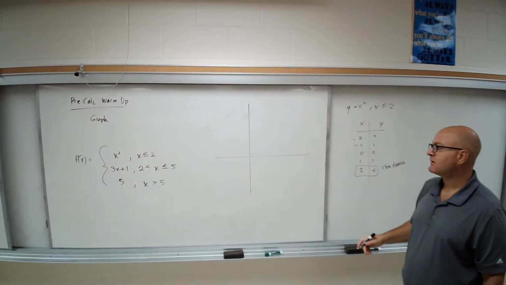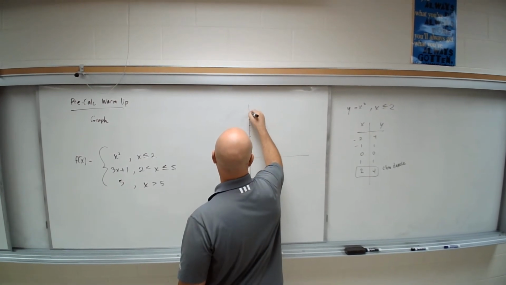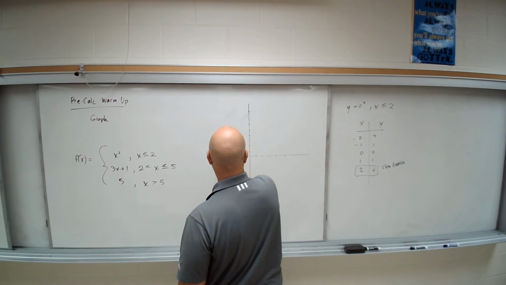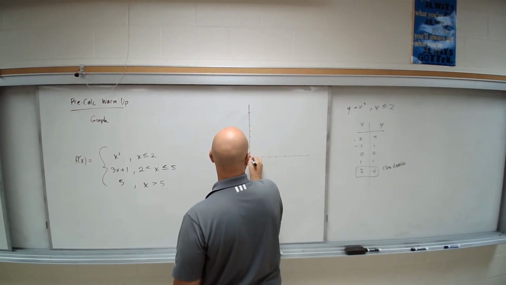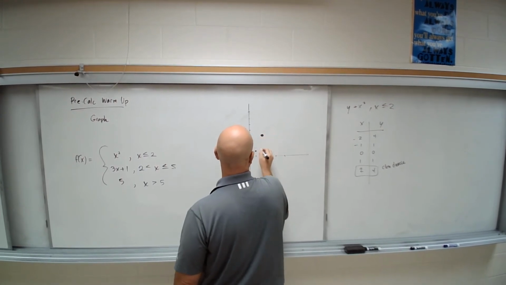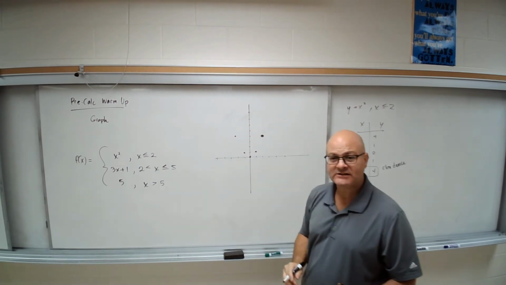So let's see what that would look like here. We have 0, 0, 1, 1, 2, 4, which we said was closed, -1, 1, -2, 4. So we have these points, correct?